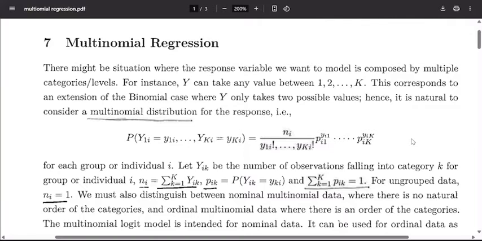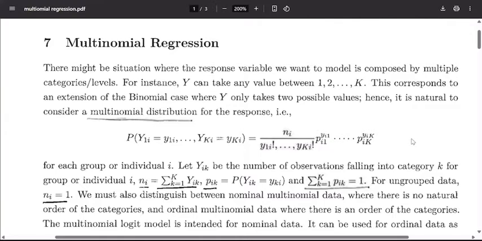We've done different types of regression models. Before going into the multinomial regression model, what determines the choice of regression model at times depends on the nature of the response variable.